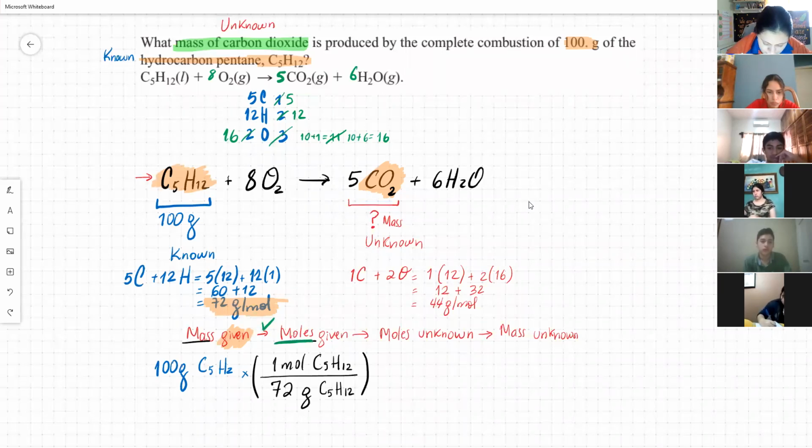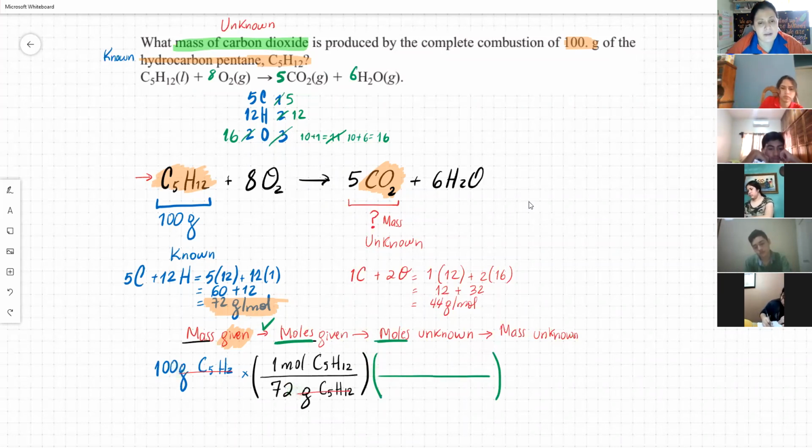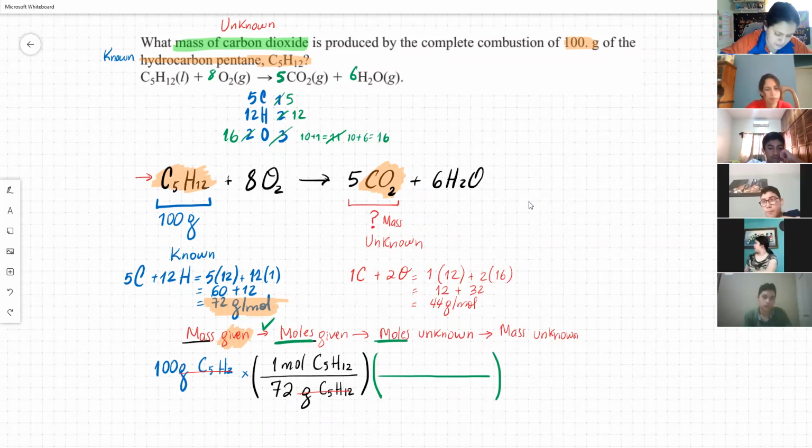That is from moles given to moles unknown. What am I going to use in there? Molar ratios. Okay, molar ratios between the given and the unknown. So where am I going to put my moles of pentane, up or down? Down. How many moles of pentane? Invisible 1. 1 mole of pentane.